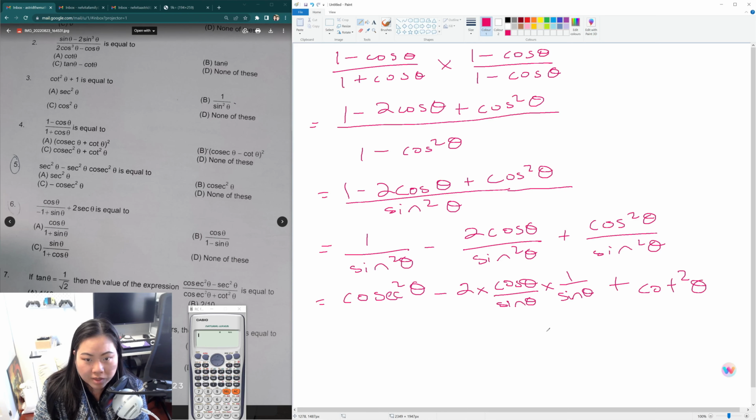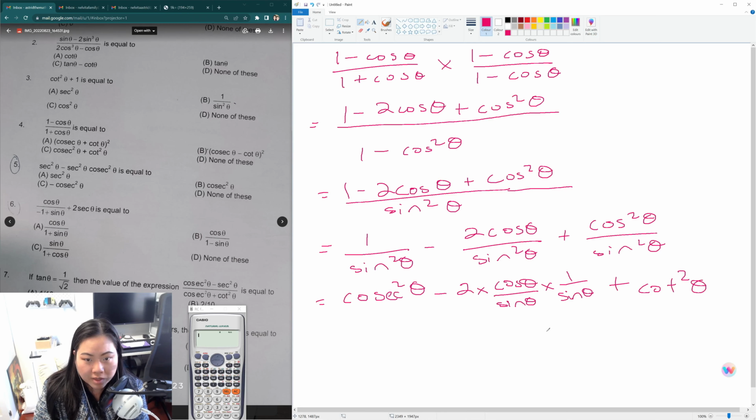Now what is this? Why did I split it into that? Because it takes a really good eye to be able to spot this. This is cot theta, this is cosec theta, right?